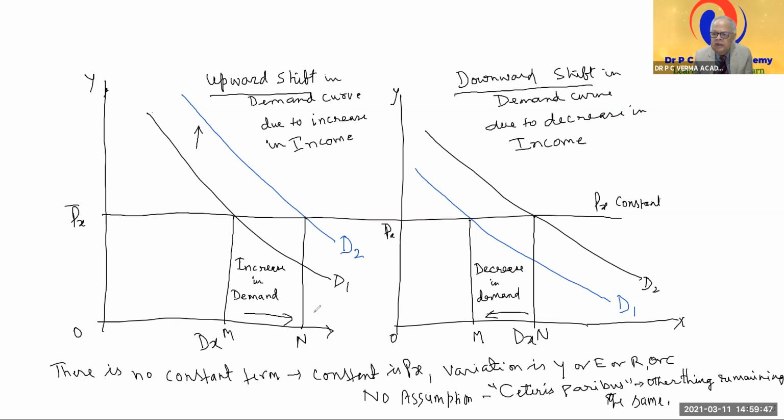You will say that increase in demand happens when price is constant, but demand varies due to variation in other things remaining the same; that assumption, ceteris paribus, is broken.